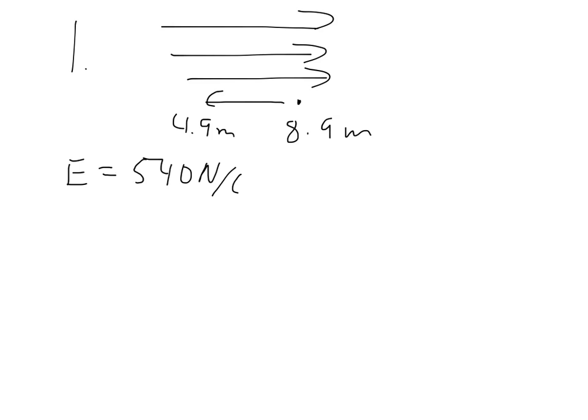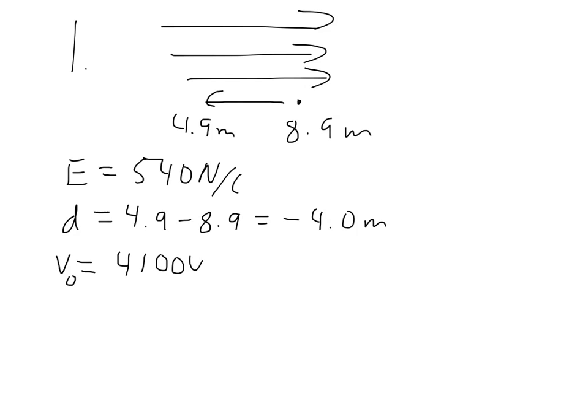We have the distance we're moving, from our final position 4.9 minus 8.9. The distance we're moving is negative 4.0 meters. And we also know that our initial voltage is 4,100 volts.